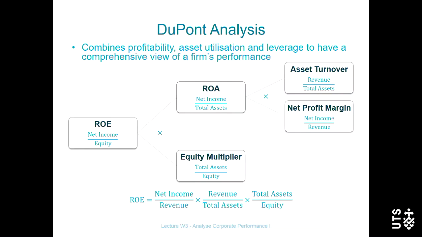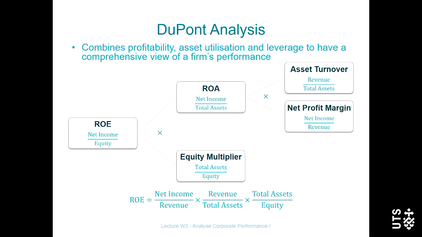Those are the basic two ways in which companies make money. Sell as much as you can per dollar invested, and make as much profit as possible per dollar sold. Okay? And this is what these two are doing. So if you multiply one by the other, you get what's usually called the return on assets.